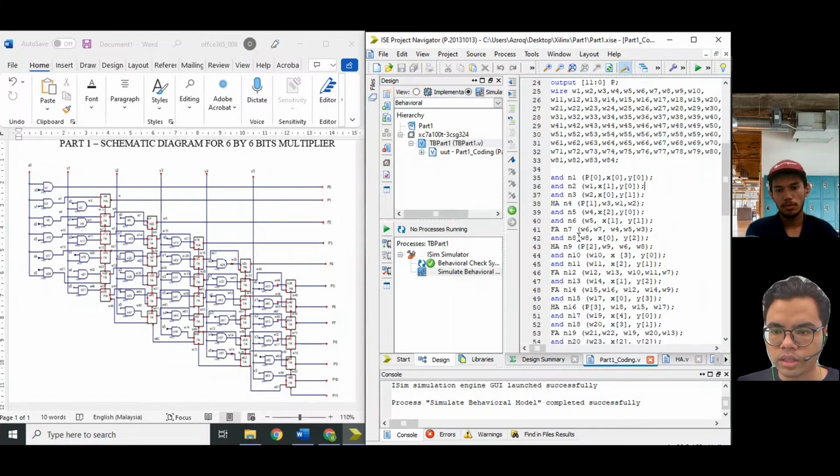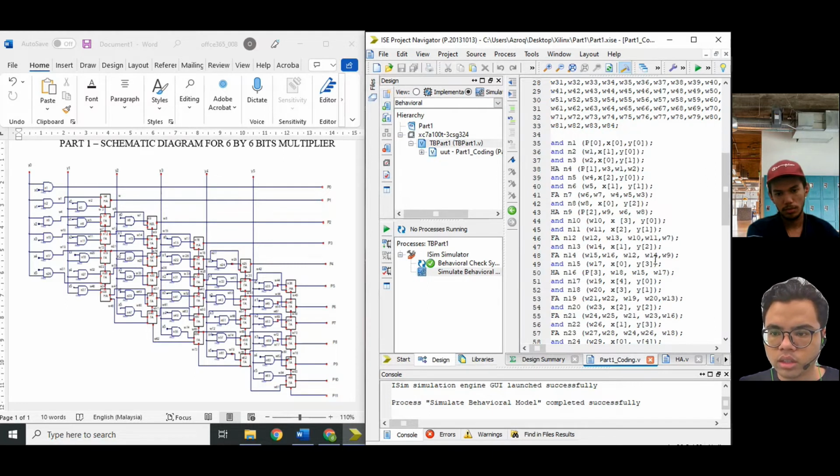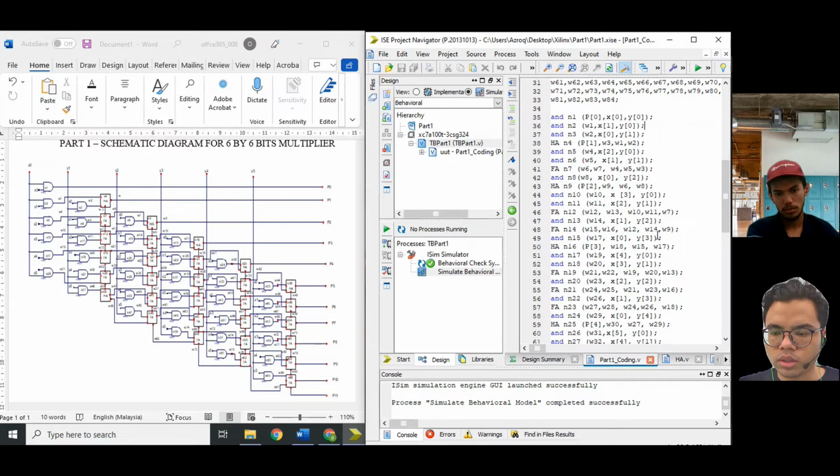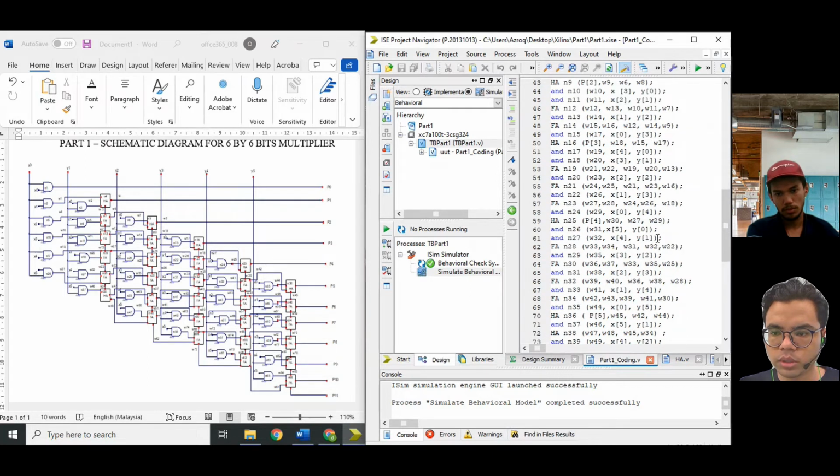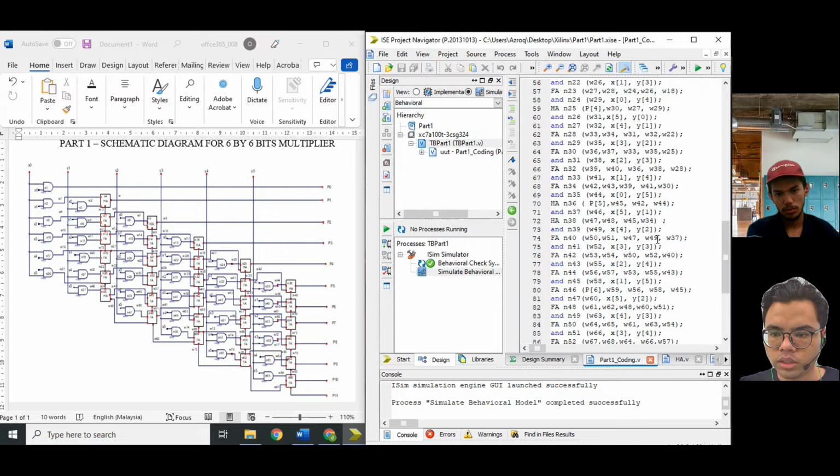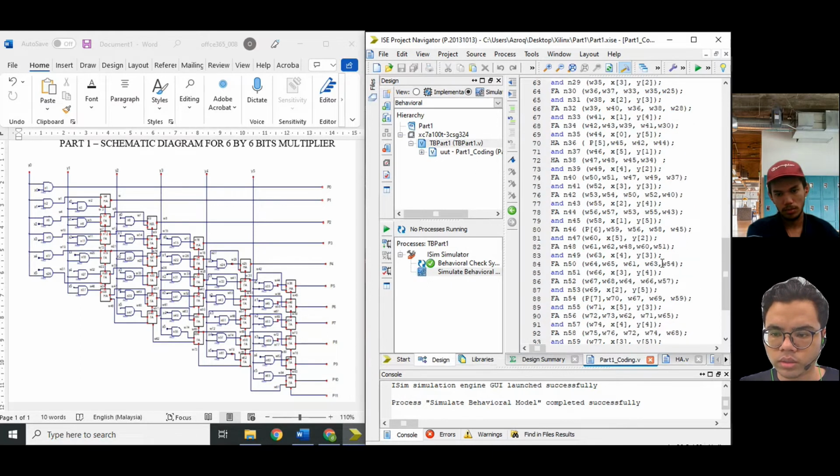Skipping the AND gates, I will explain the full adder, FA, N7. The outputs are W6 and W7. For the inputs, we have 3 inputs for full adders, which are W4, W5 and W3. So this is our coding for the 6-bit multiplier, named part 1 coding.